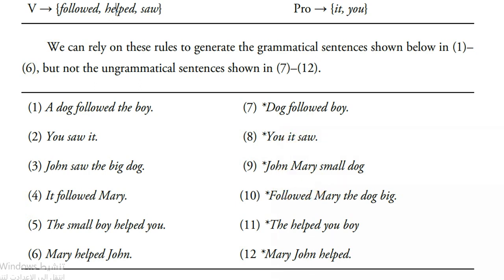If you look at a sentence like "followed Mary the dog big," it's totally upside down. It should be: the big dog followed Mary. That's how the sentence should be.